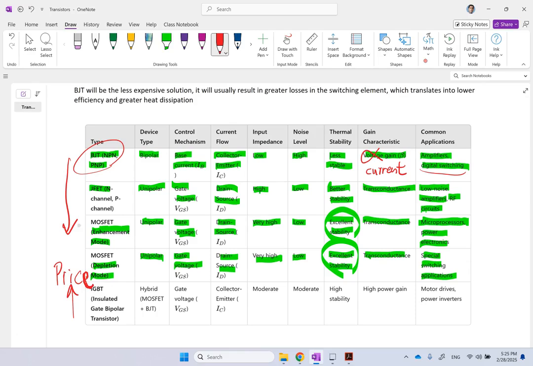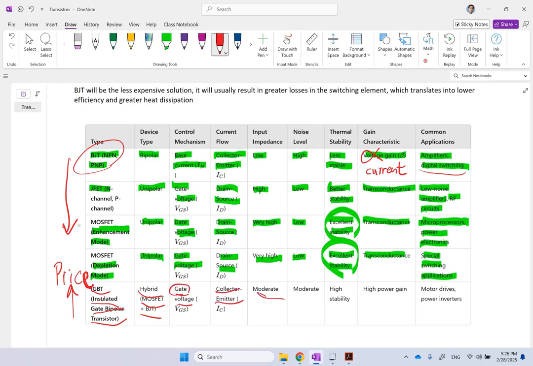And there is one category that you might call it hybrid, which is a MOSFET and a BJT together. So they are called insulated gate bipolar transistor or IGBT. where again, through gate voltage, they are controlled, but their current instead of drain source is collector emitter. So you see there is a mixture in them.